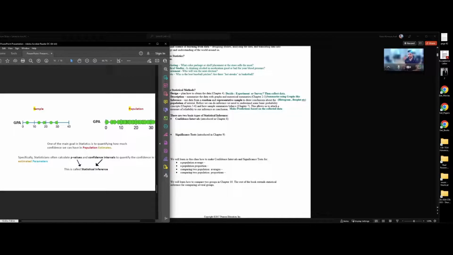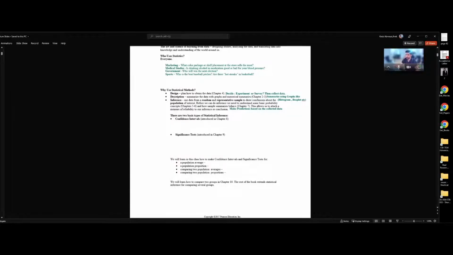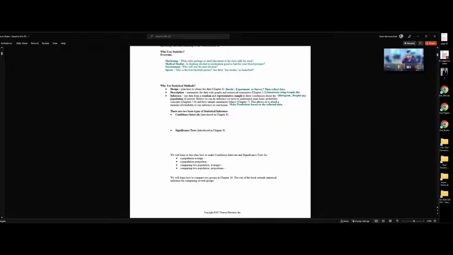So we have to examine it, and we do that with statistical inference, the other concepts, where we use confidence intervals and significance tests.